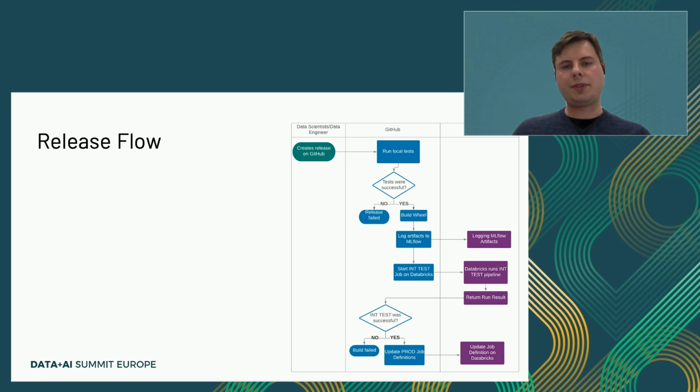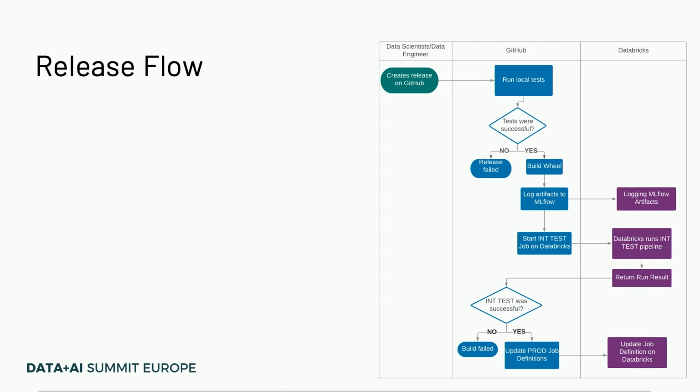After running the integration tests, if they are successful, we will create the production jobs on Databricks. So all the jobs you have configured will be created or updated in your Databricks workspace, and they will be run automatically according to the schedule that you have defined.